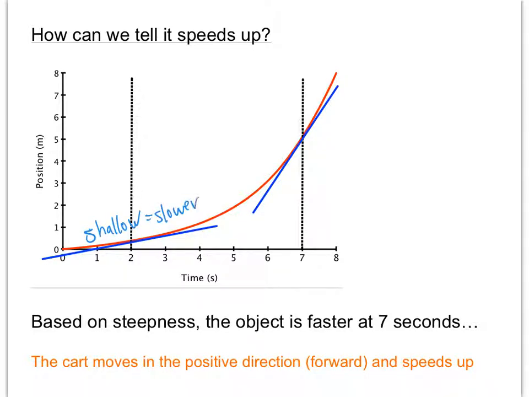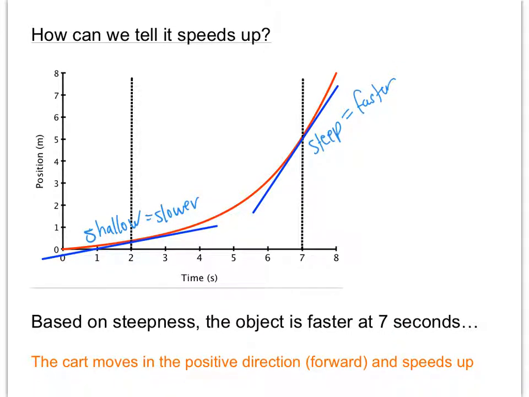This is not new to us. We knew this last unit. And here we've got something that's steep, and therefore, that means it's moving faster. So by definition of what it means to speed up, we know that it's moving slow first and then moves faster. Therefore, it's speeding up.